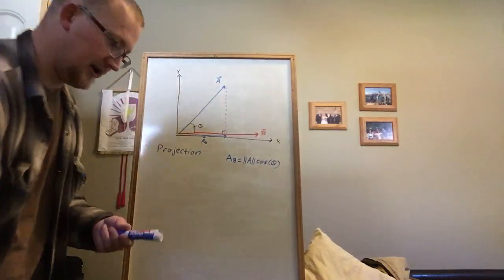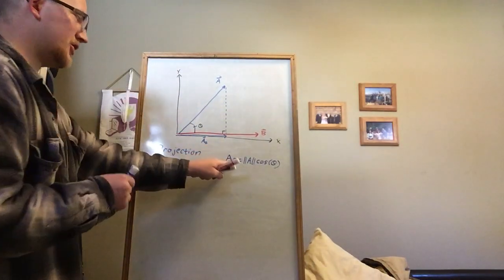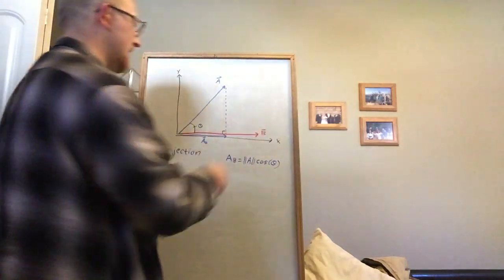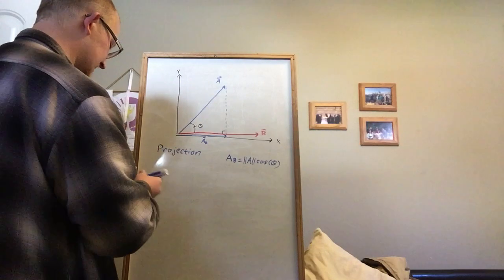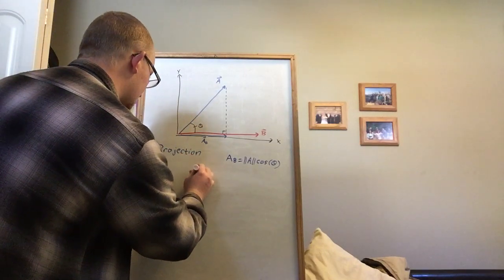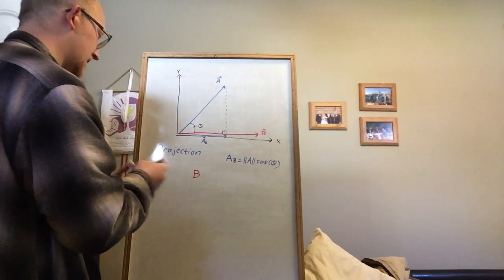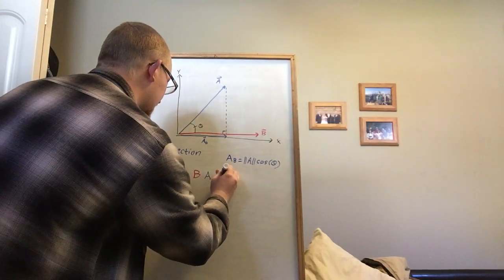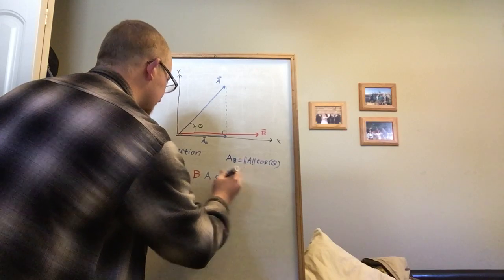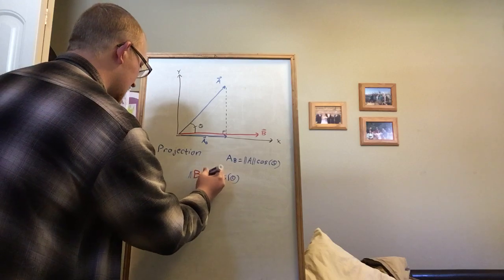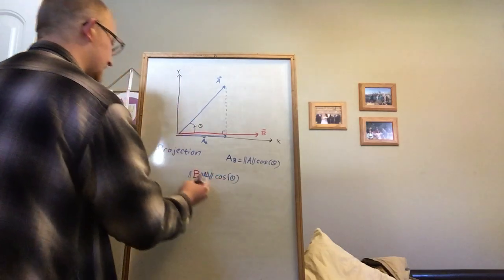Now what we want to do is take this projection of A onto B and multiply that value by the magnitude of B. So the next step is taking the magnitude of B multiplied by the magnitude of A times cosine of the angle between them. Technically both of these are magnitudes.